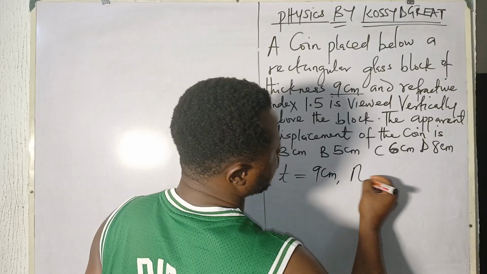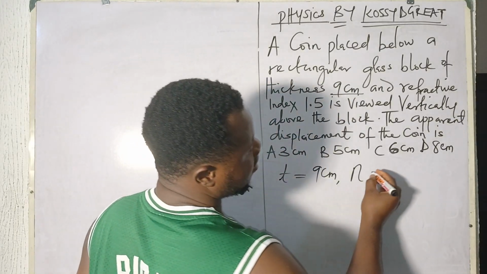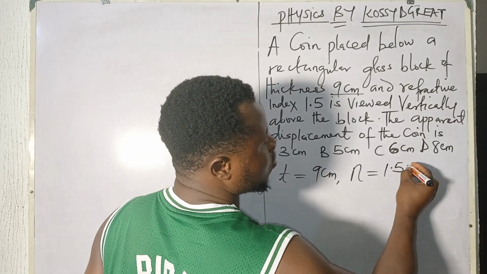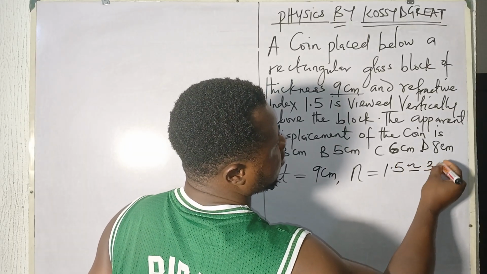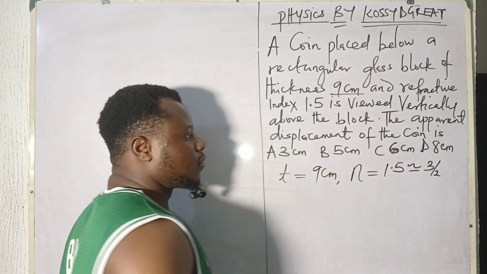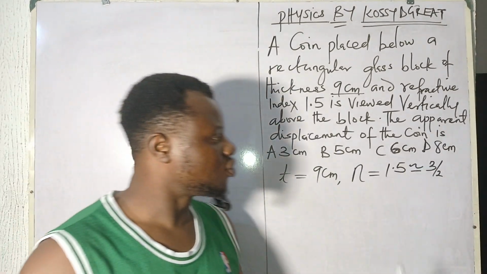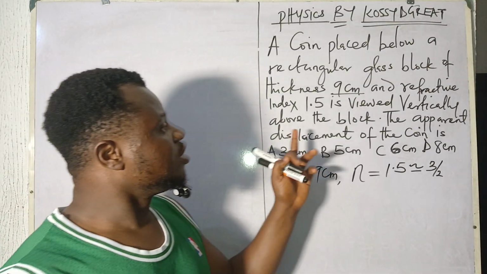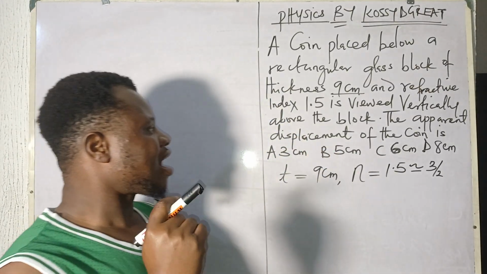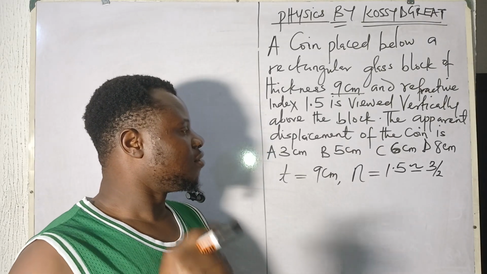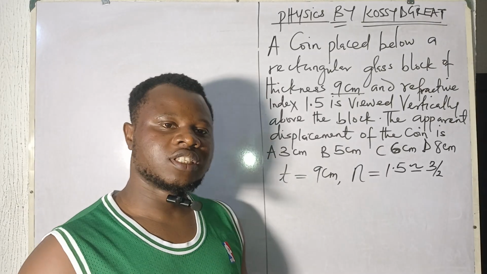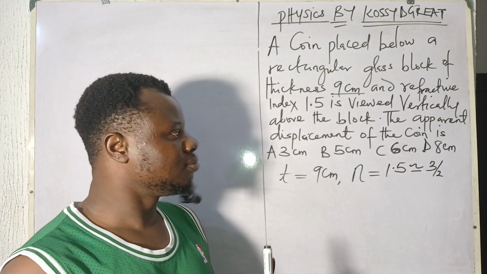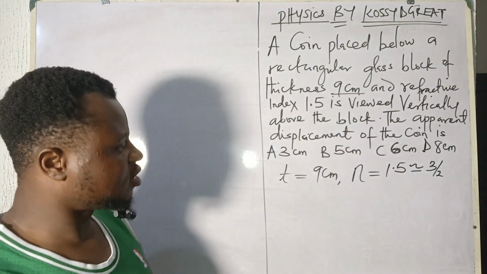Remember, 1.5 is the same thing as 3 over 2. Now it is viewed vertically above the block. The apparent displacement of the coin is dash.